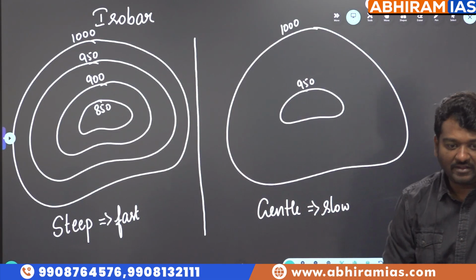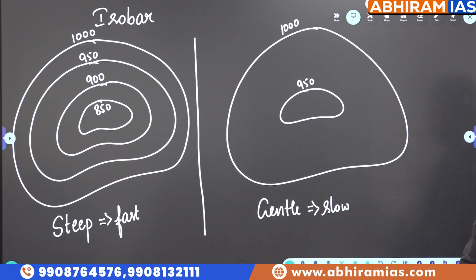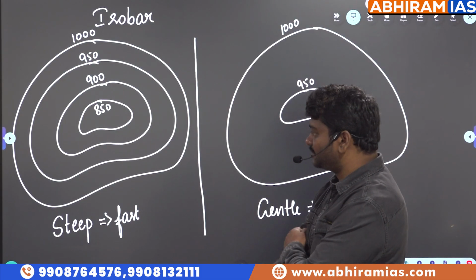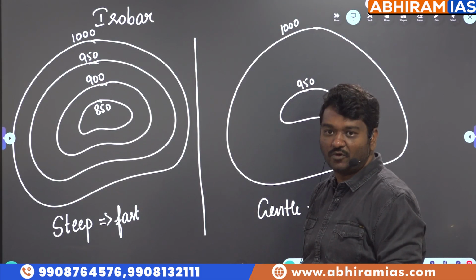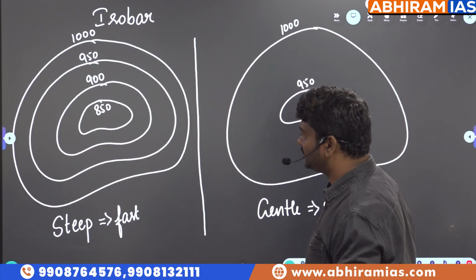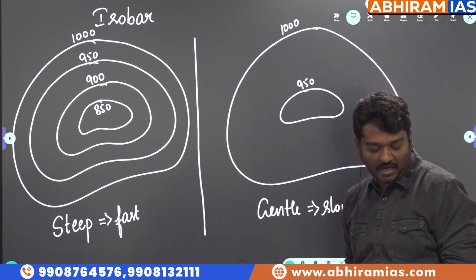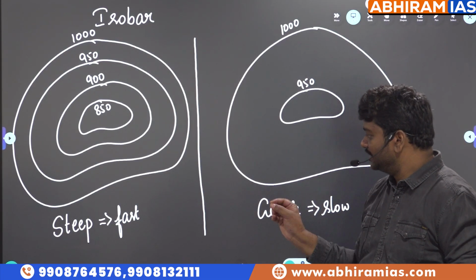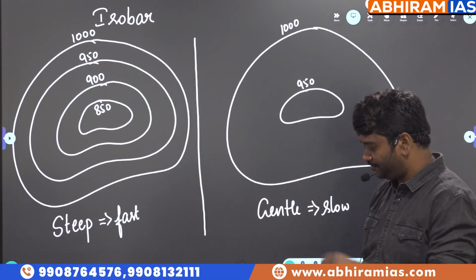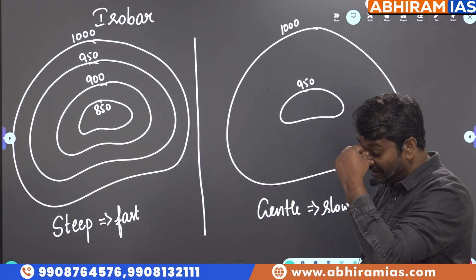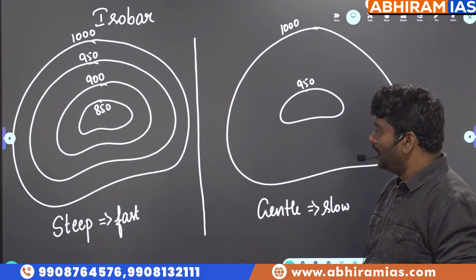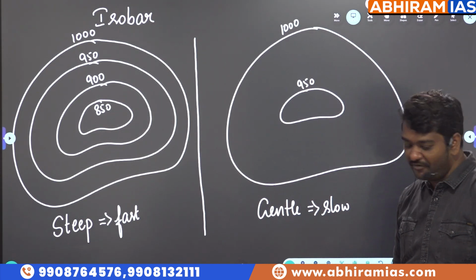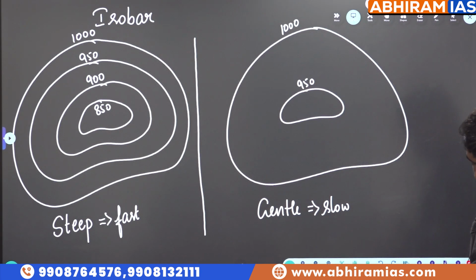Okay, so you write there: when isobars are closely spaced, comma, it indicates steep gradient and wind speed will be more.